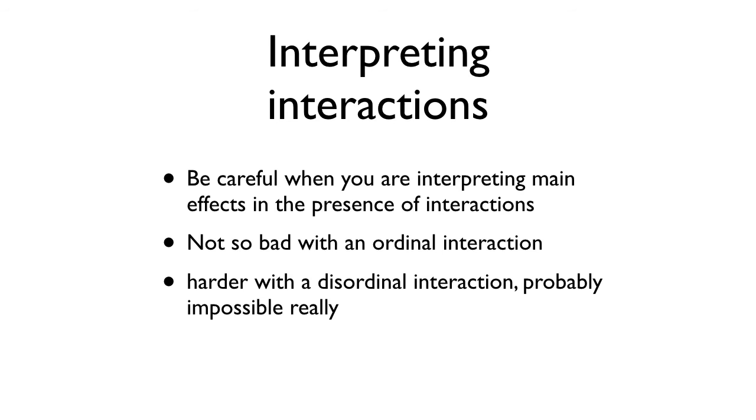I can't do it with a disordinal interaction. Well, I can't talk about the effect of A without mentioning B. I just can't. So I don't. Now, I have also heard people say you should talk about all the effects, but I think if I can't do it without twisting myself into knots, I'm not going to do it. Right. Questions about this so far?